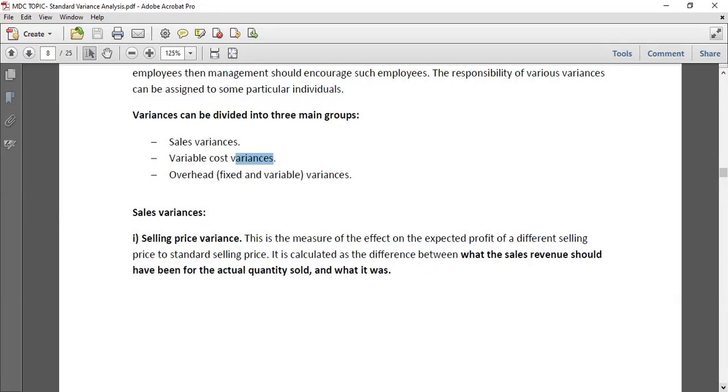Now if, for example, you budgeted to sell $10,000 in one month, and you actually end up selling $20,000, the difference between 10,000 and 20,000 gives you the total sales variance. But that total sales variance could be as a result of a change in price or a change in quantity. You might have either sold more, or you might have sold at a higher price. So that is what we are trying to look at here.